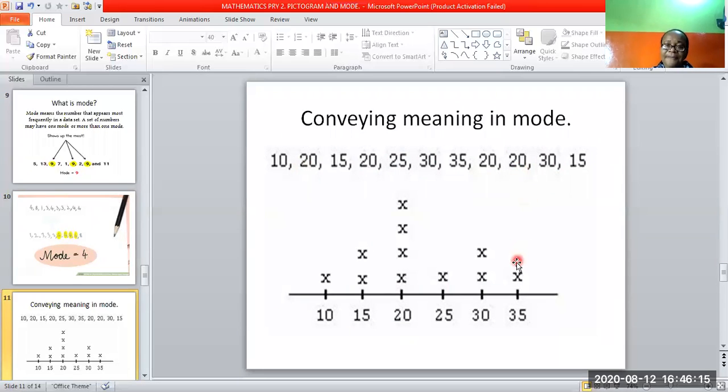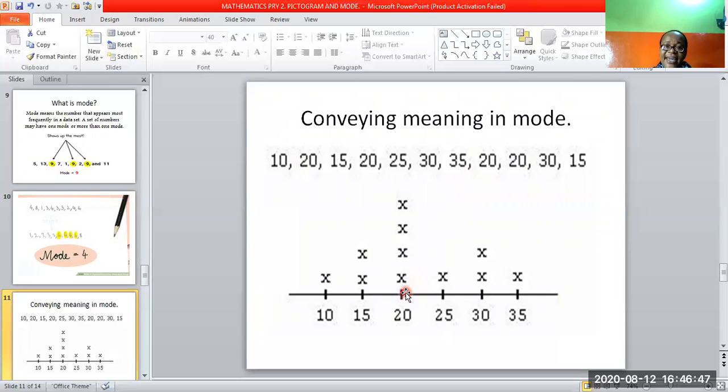So 25 appeared only once, just once, no other 25 in these numbers. 30, on the other hand, is shown twice. That is, it comes up only twice, 1, 2. And 35 is just 1.